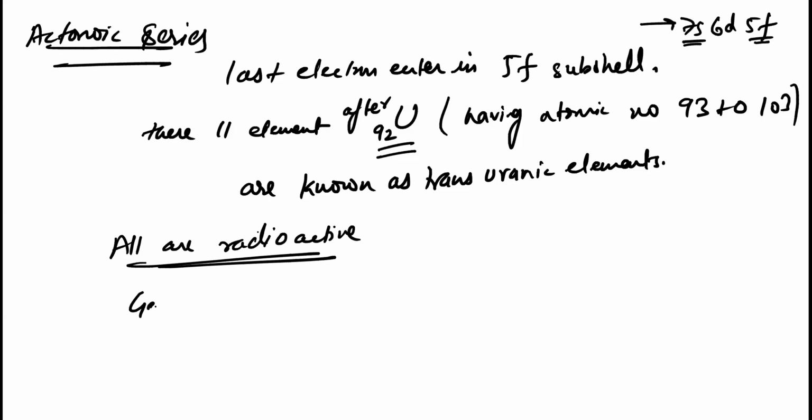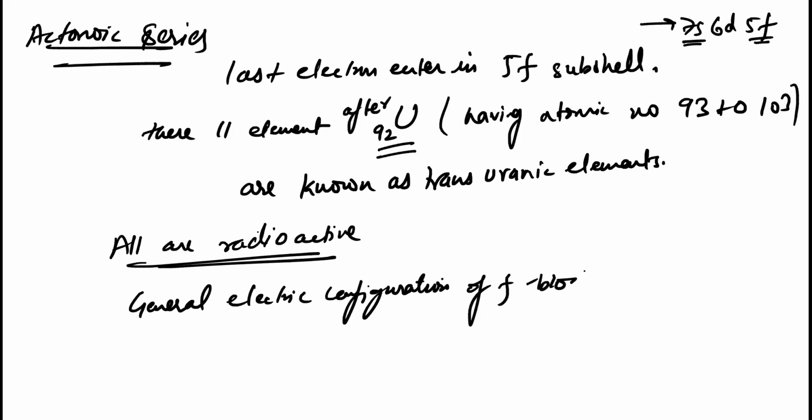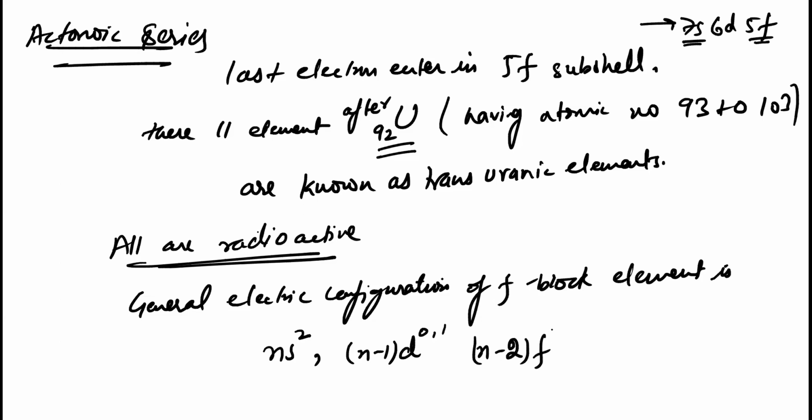Okay, the general electronic configuration of f block elements is ns2 (n minus 1)d 0 or 1 (n minus 2)f 1 to 14. Got it?